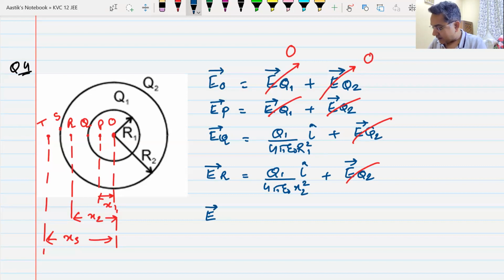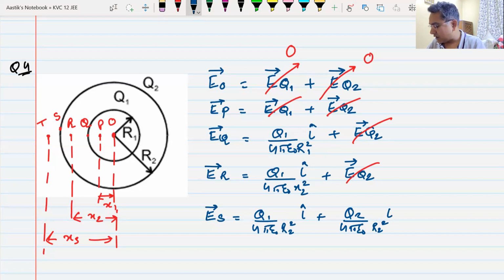Electric field at the point S, which is on the surface of the second one, now becomes Q1 by 4 pi epsilon naught R2 square along I, plus Q2 upon 4 pi epsilon naught R2 square along I. The first one is because of the first charge, and the second one is because of the second charge.